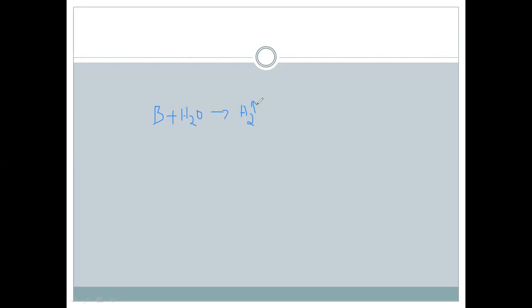And what will be the other product? B2O3, boric anhydride, will be the other product. B2O3 will be formed.